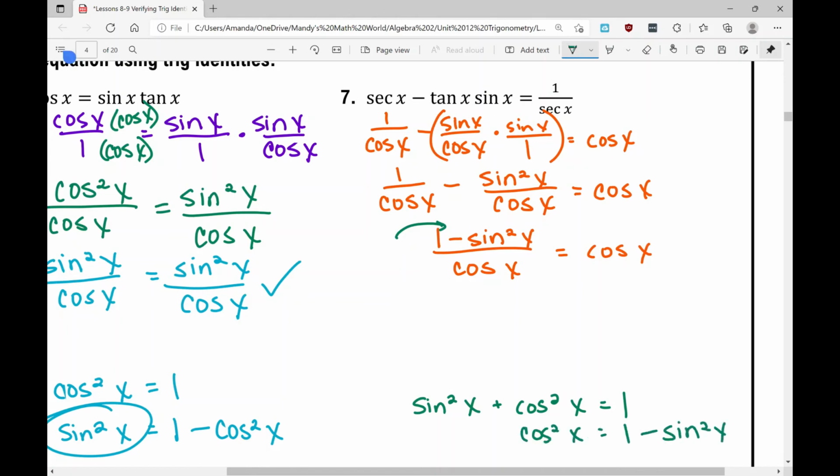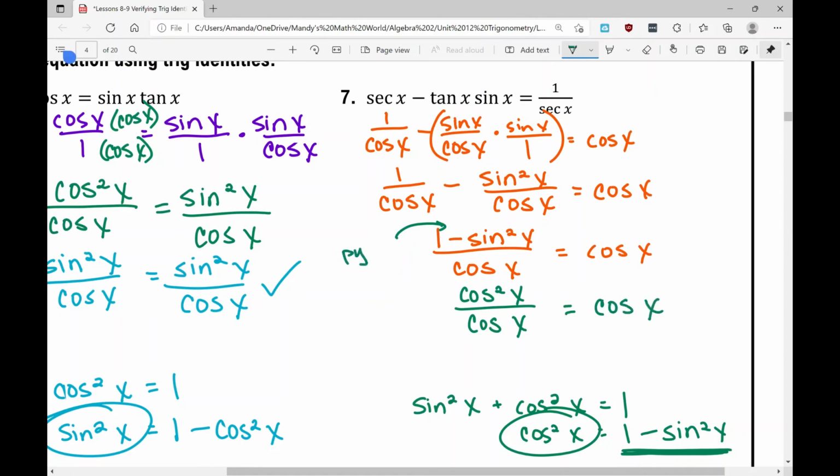I sure could. So 1 minus sine squared x over cosine x is the same thing as cosine squared x over cosine x equals cosine x. So this is a Pythagorean identity.